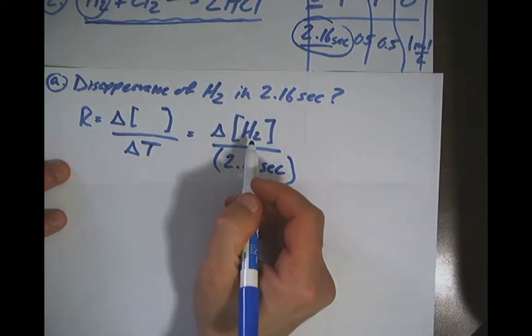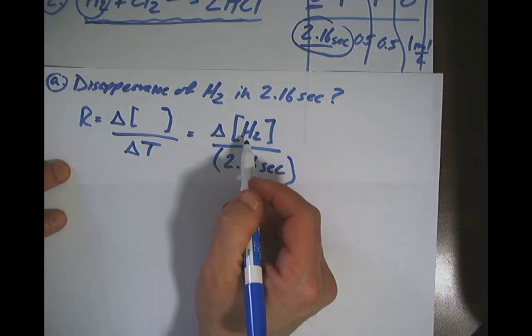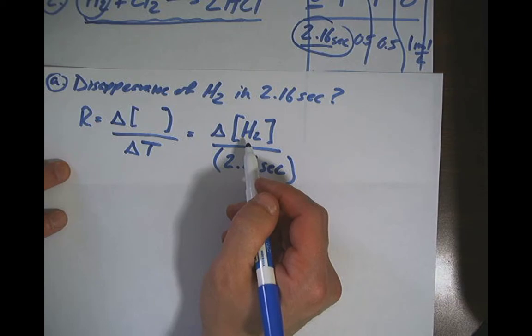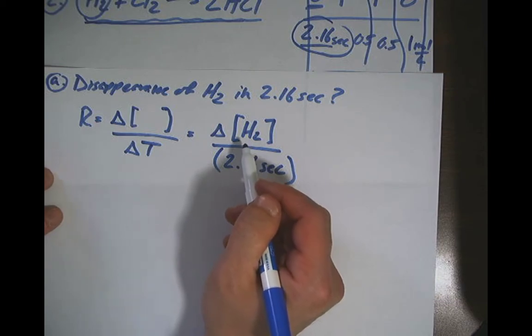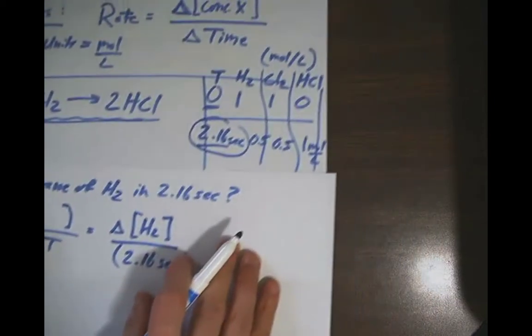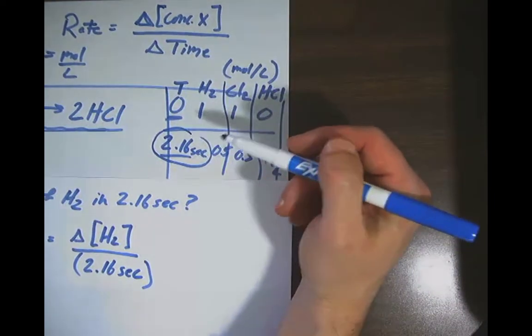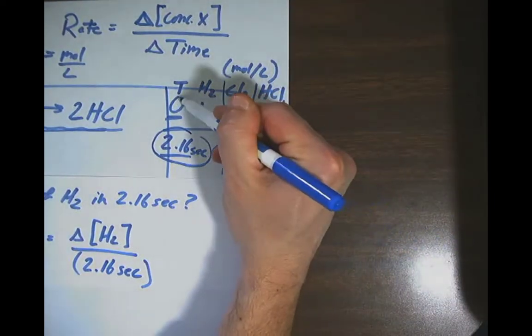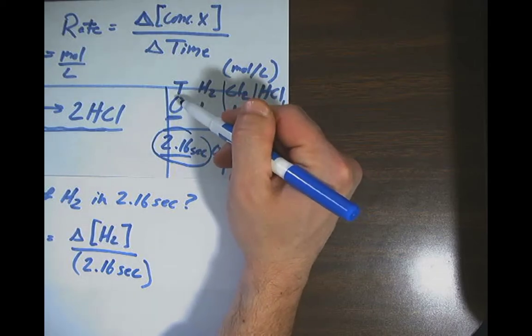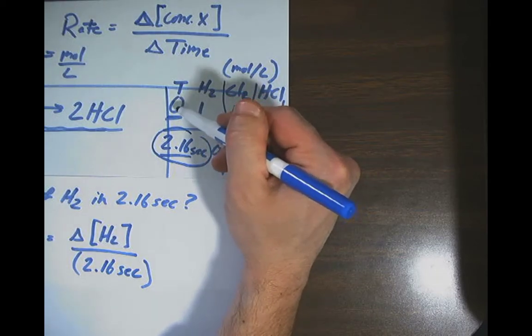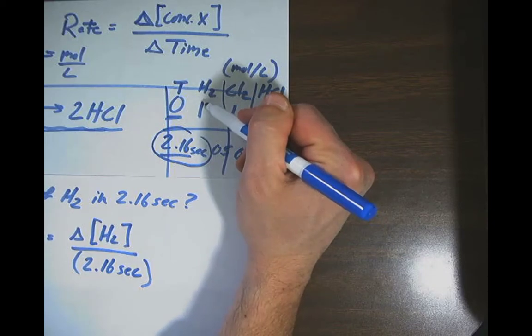And what would we say for change in concentration of H2? We look to that table, and I've tried to draw it in here. You can also see it on the assignment page. When T equals 0 seconds, before the reaction starts, the concentration of H2 is 1 mole per liter.